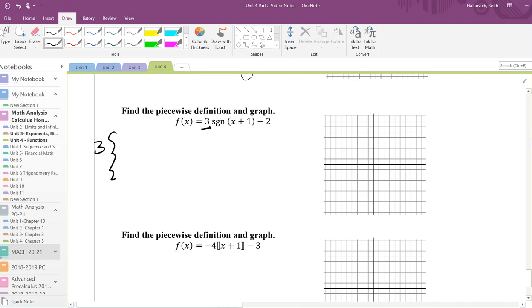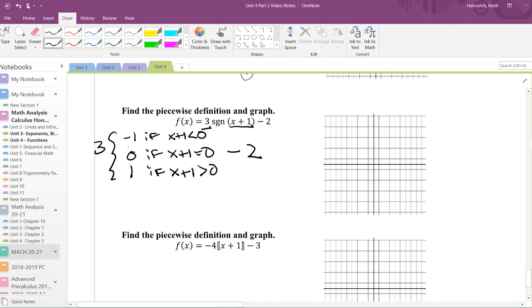Remember, the signum function says it's negative 1 if what's inside here, so now this is x plus 1, is less than 0. It's 0 if x plus 1 is equal to 0. And it's positive 1 if x plus 1 is greater than 0. And then you have to subtract 2.